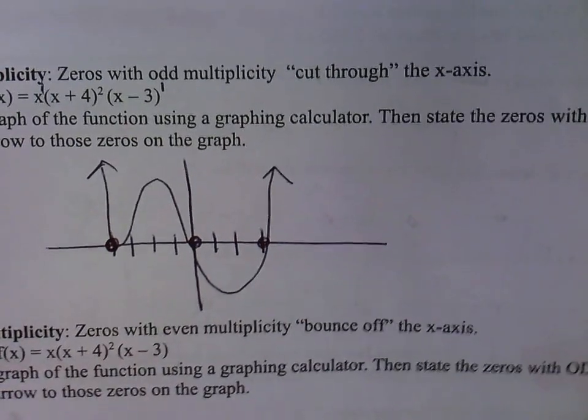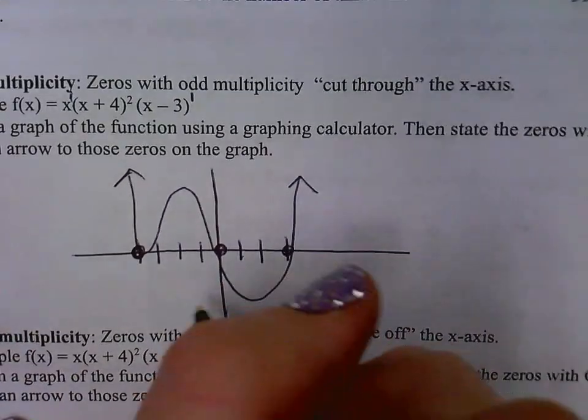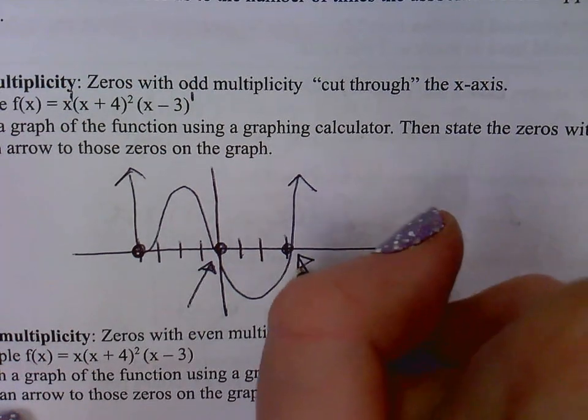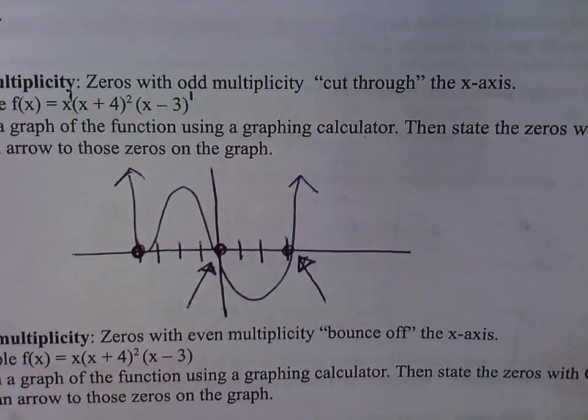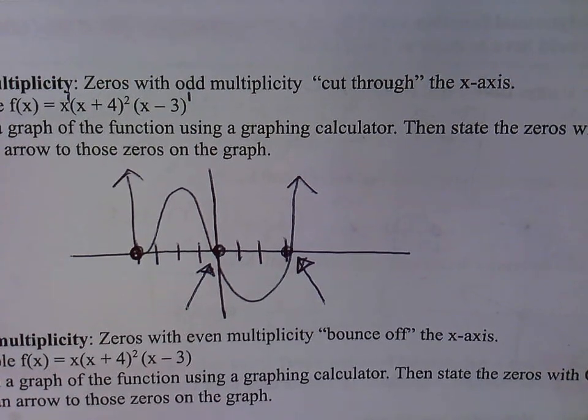So go ahead and draw that graph under odd multiplicity. And I'd like you to draw an arrow to these two x-intercepts. Because these two x-intercepts have odd multiplicity. It's cutting through the x-axis. Here, it's bouncing off of a quadratic function.